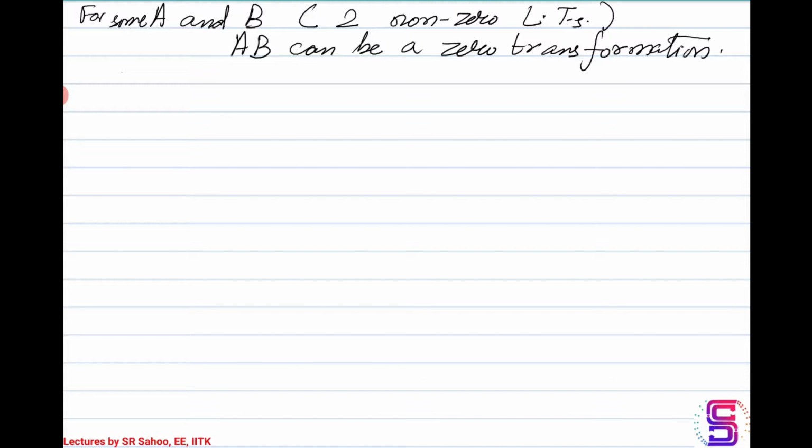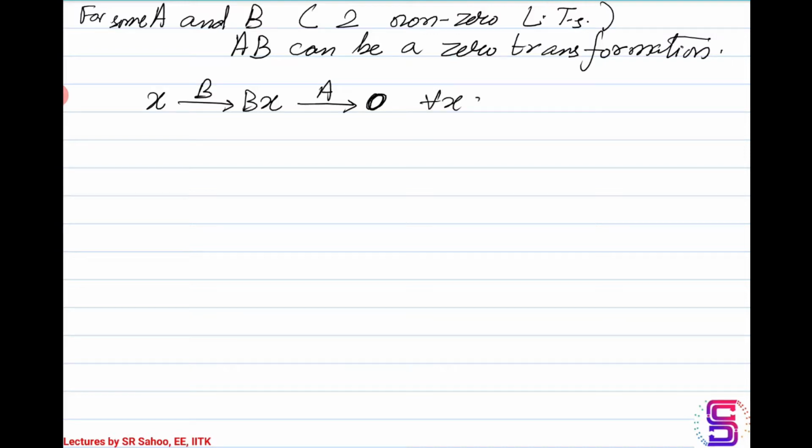This essentially means that you take a vector x, B acts on it, gives you Bx. When A acts on it, it always gives you the zero vector. It's true for all x in the vector space.